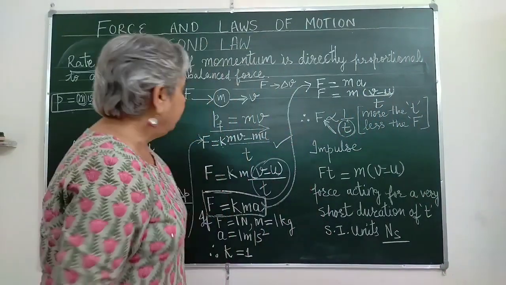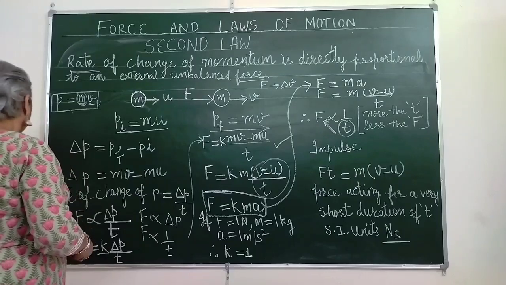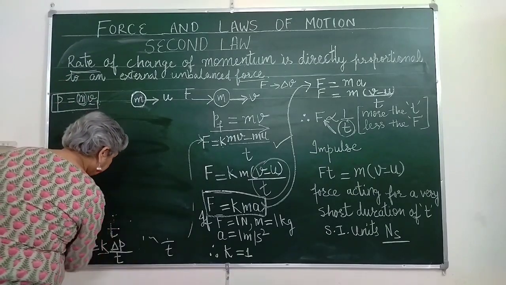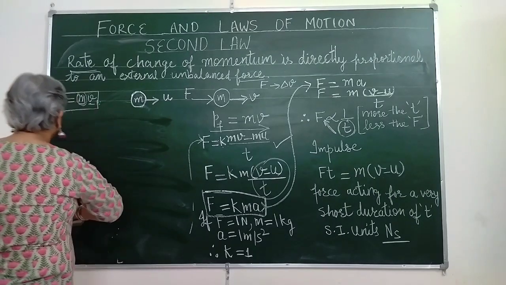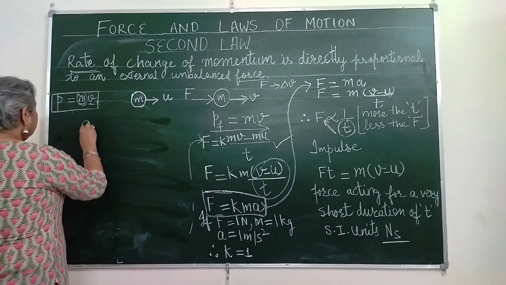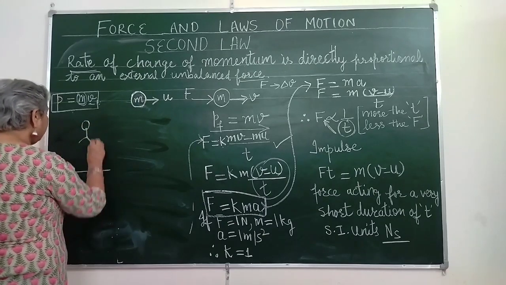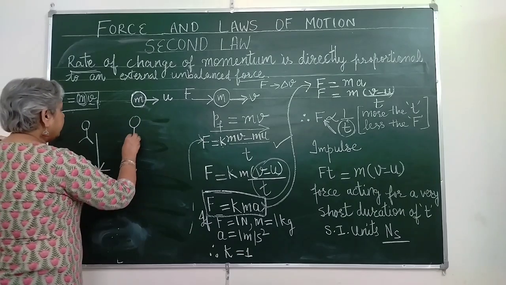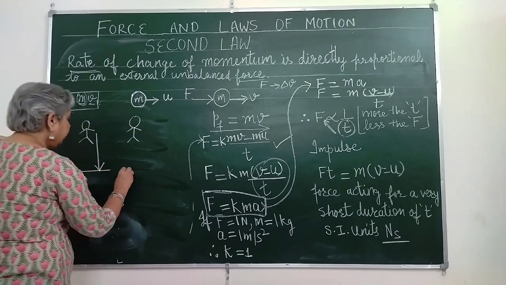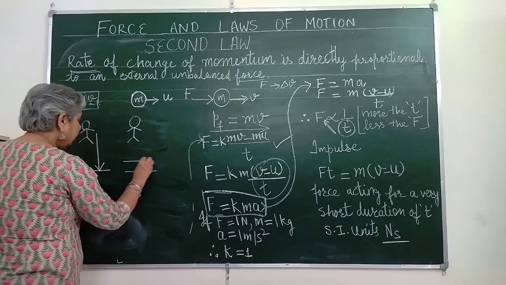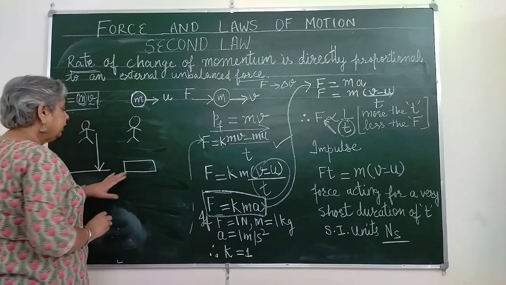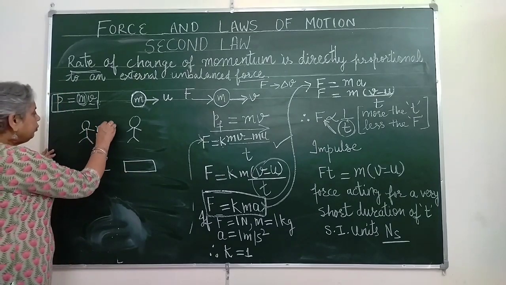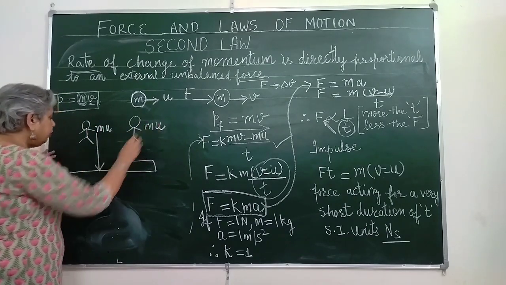If there is a hard floor on which you have to jump down, this is the person and he has to fall on the concrete floor. And this is the person who has to jump and fall on a trampoline. Now this one has an initial momentum, and this one also has an initial momentum.